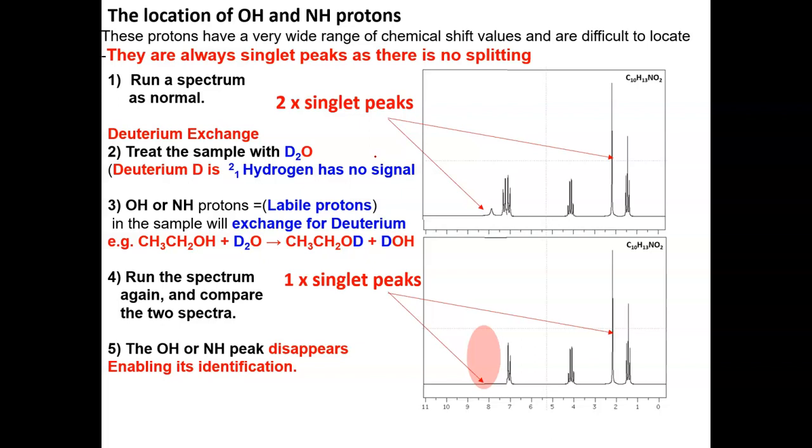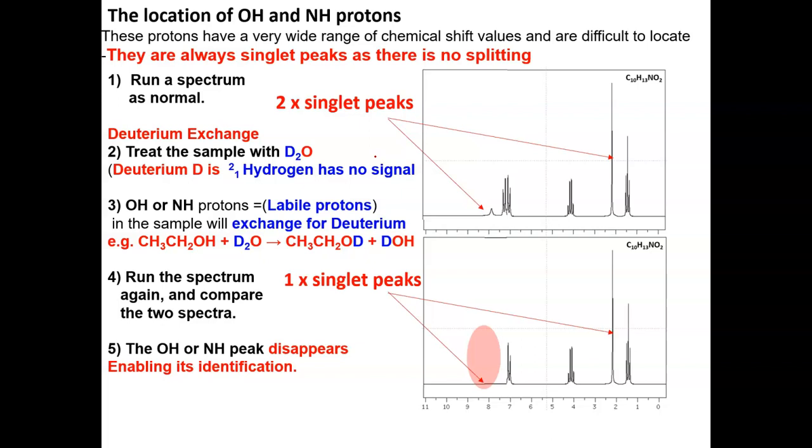So because of the OH or NH, we replace the H's with D, and we get this different version of ethanol with a proton which is now covered up, masked, hidden, and no longer going to be visible. When we run the spectrum again and compare them, of course, one of our peaks is missing.